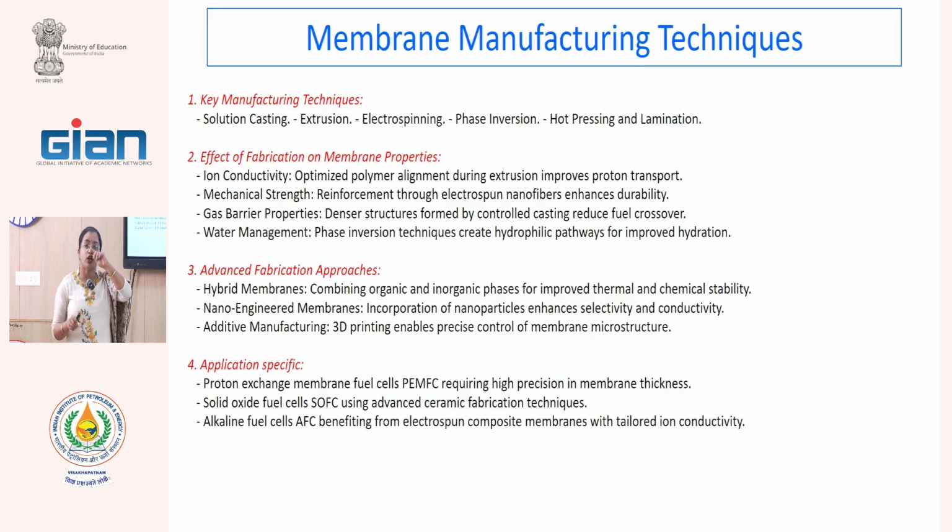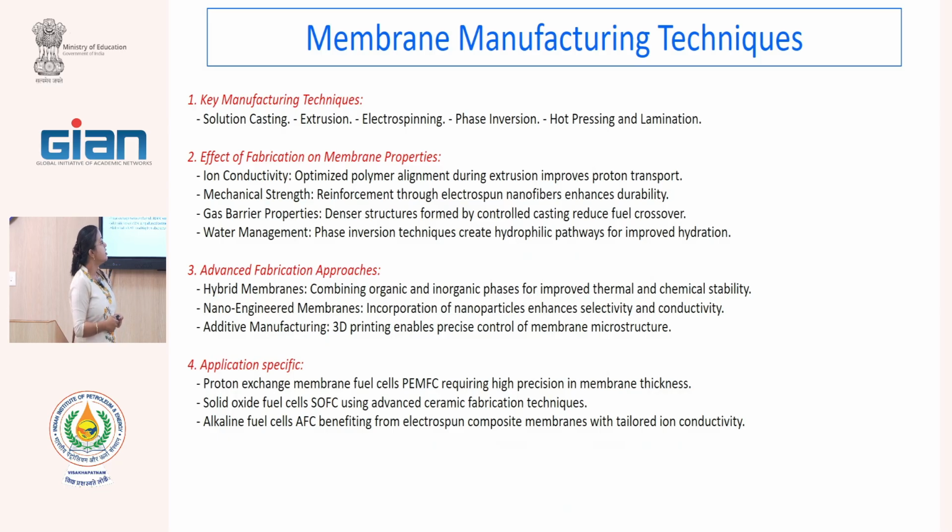Electrospinning. Electrospinning and hollow fiber fabrication are very similar, but in electrospinning we apply an electric potential in order to reorient our charged molecules, so that the structure of our membranes is very, very regular. And we have hot pressing and lamination, also phase inversion, for those kinds of membrane manufacturing techniques. We have seen more detailed explanations and videos in the professors' lectures in other sessions.